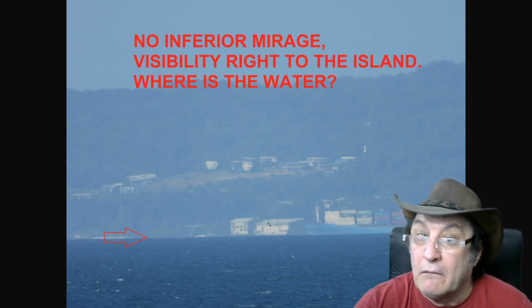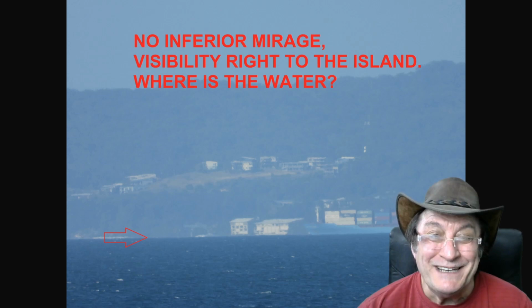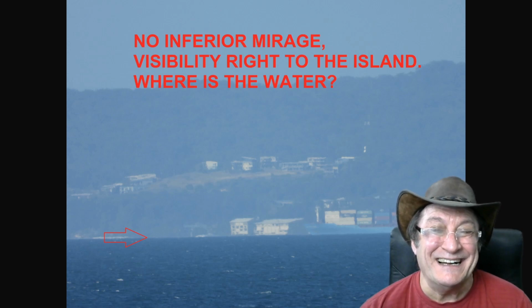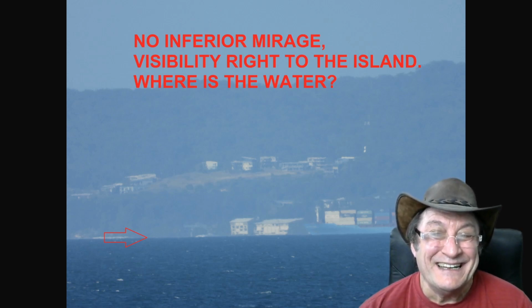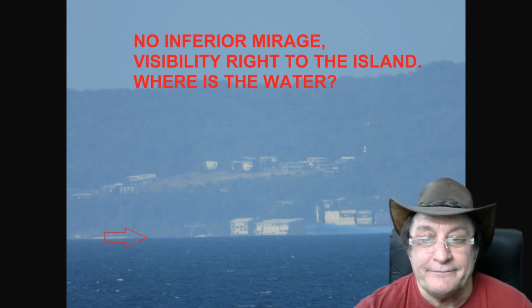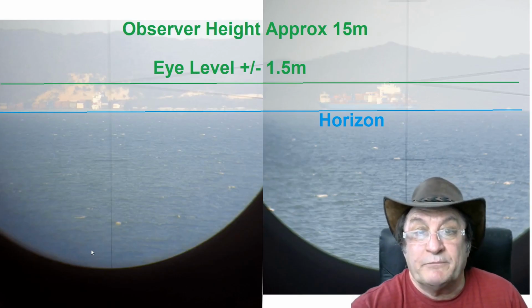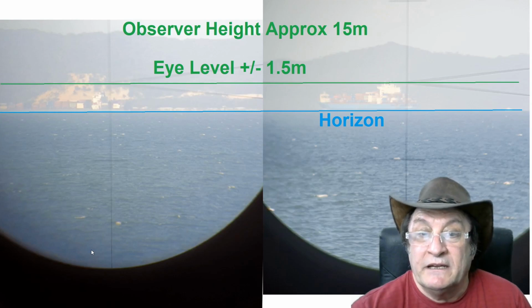Where's the water? That's right. Where's the water? The Earth's not flat. So as I've said before, the observer height is approximately 15 metres.